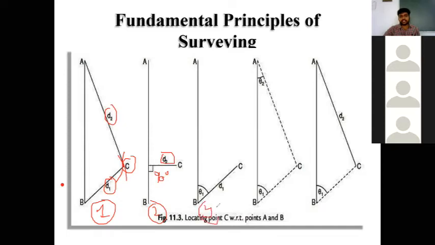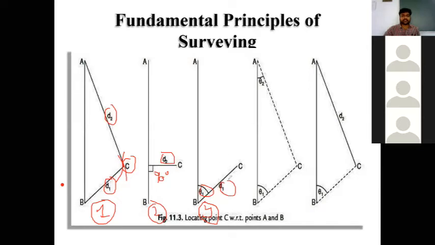Now coming to the third case. In the third case, here AB you're going to draw. First we'll go through the given data. AB is given, D1 is given, and the angle is given. But we don't know the distance AC.